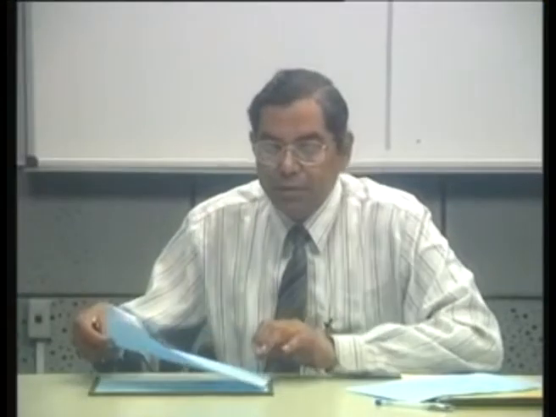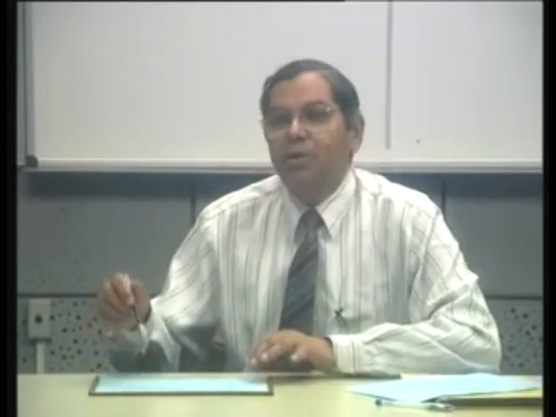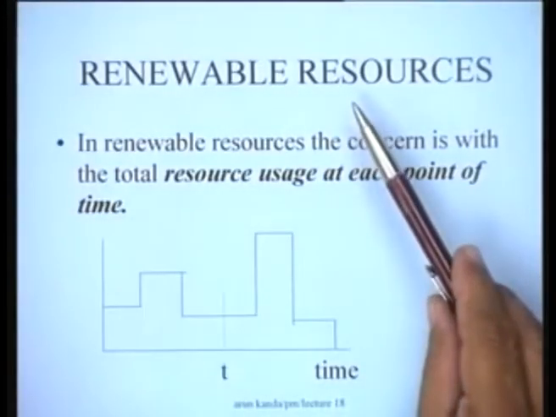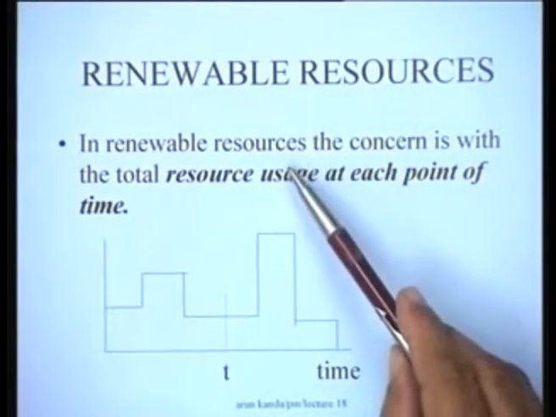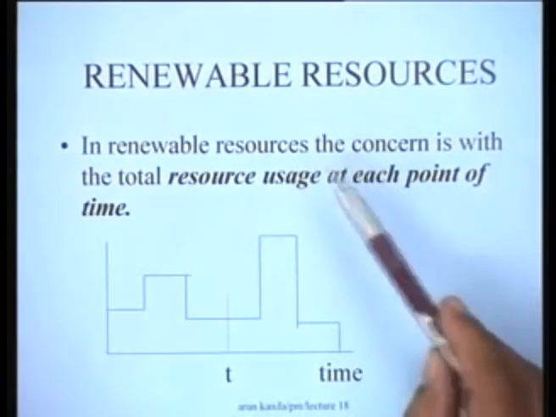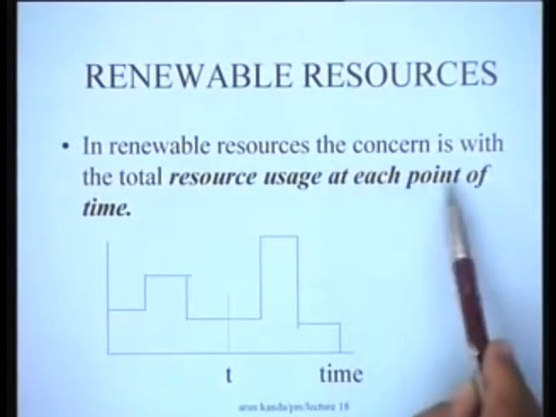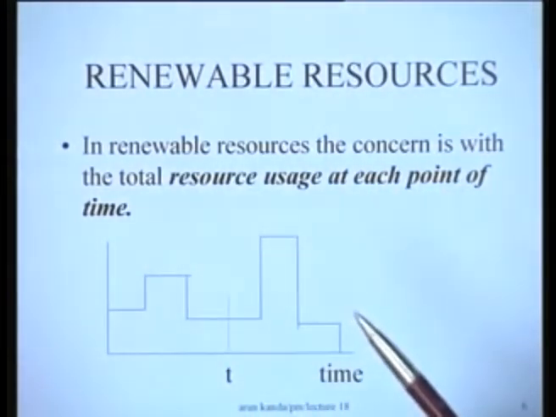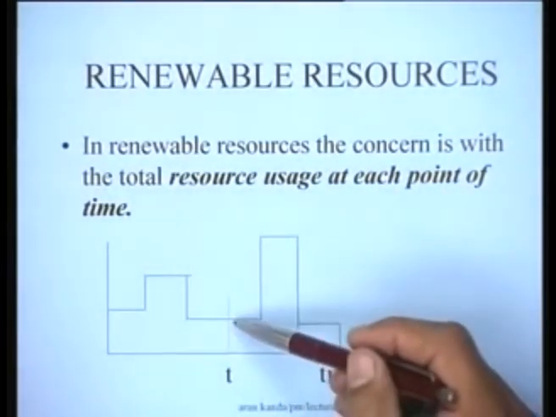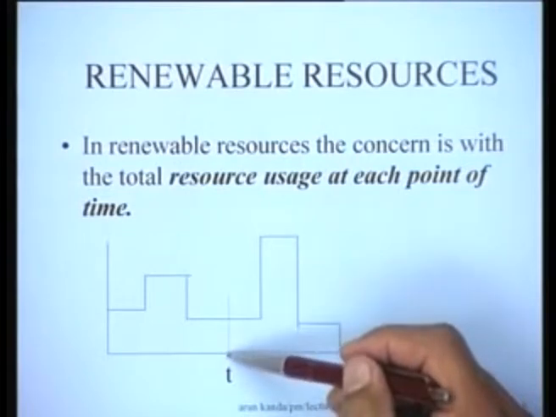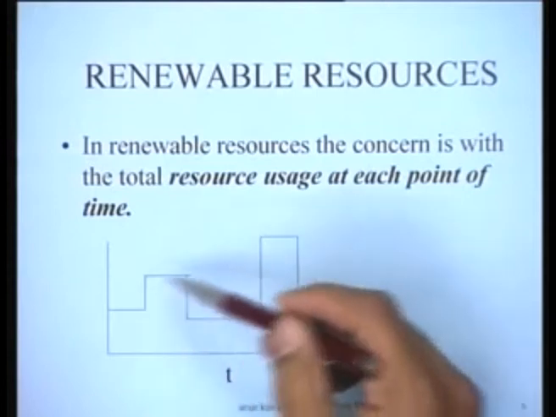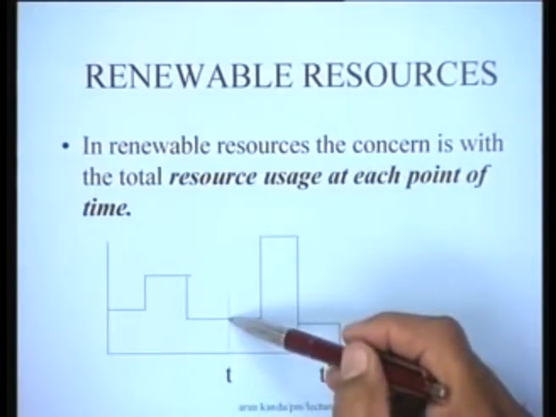On the other hand, if we look at renewable resources, here the concern is with the total resource usage at each point of time. That means we are worried about what is the total resource usage here, not the total consumption which has taken place here.